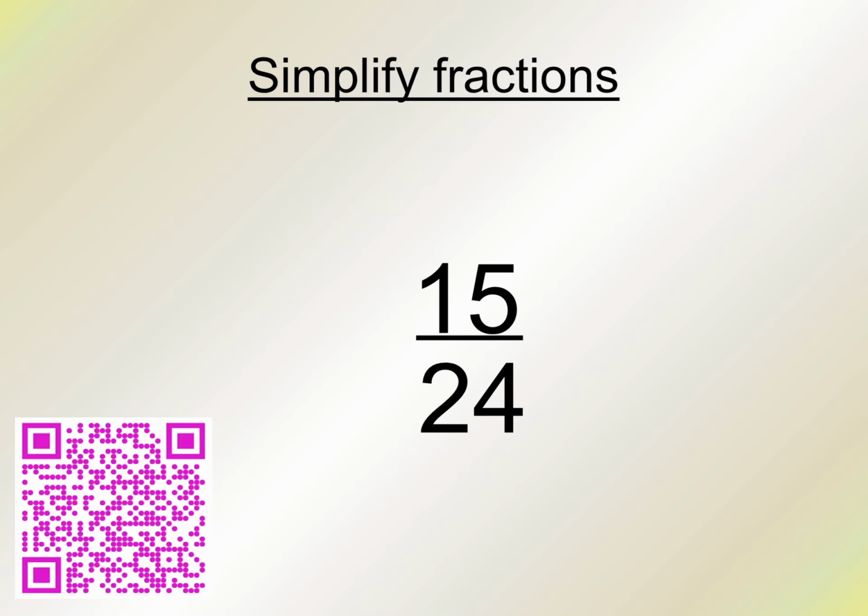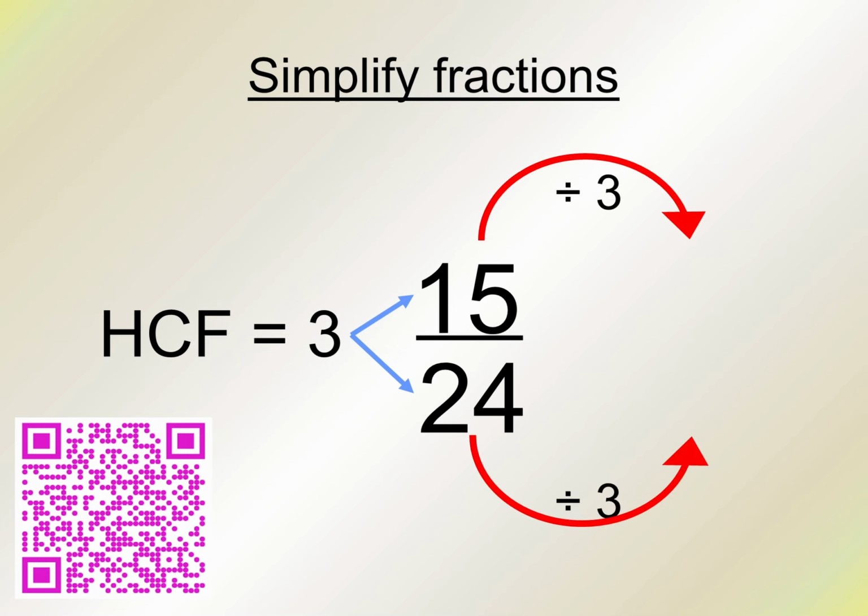So the highest common factor that can go into 15 and 24 is 3. If we divide both the numerator and denominator by 3, 15 divided by 3 gives you 5, and 24 divided by 3 gives you 8. So 15/24 simplifies to be 5/8, and it can't go any lower.